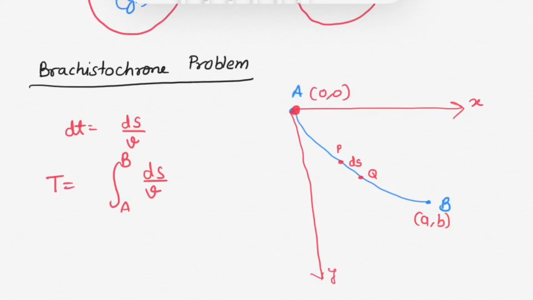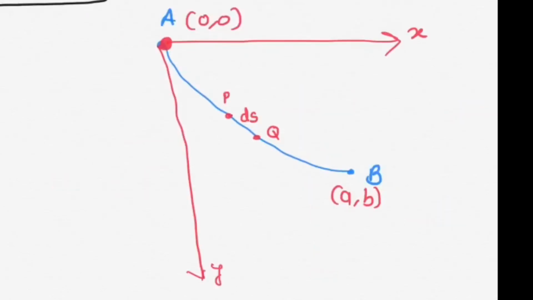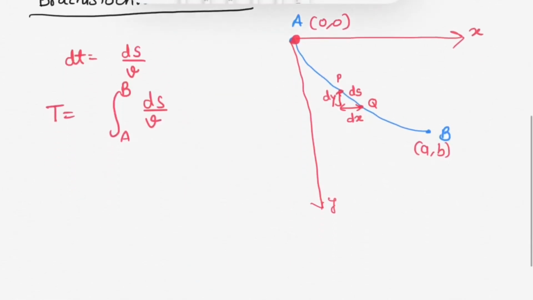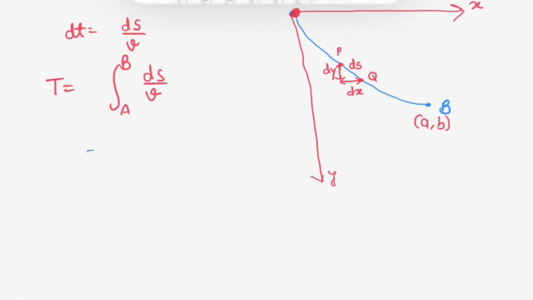You know that this ds is the arc length. So if this distance is dx and this distance is dy, then by Pythagoras theorem ds will be the square root of dx square plus dy square. Writing ds like this, T equals the integration from A to B of the square root of dx square plus dy square over velocity v.